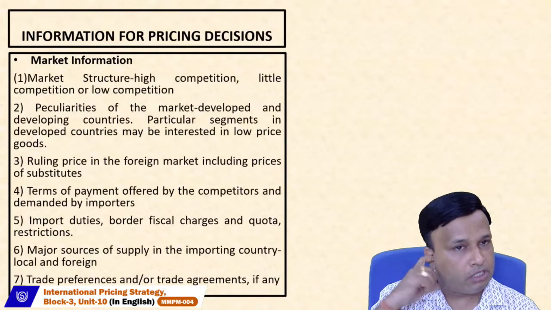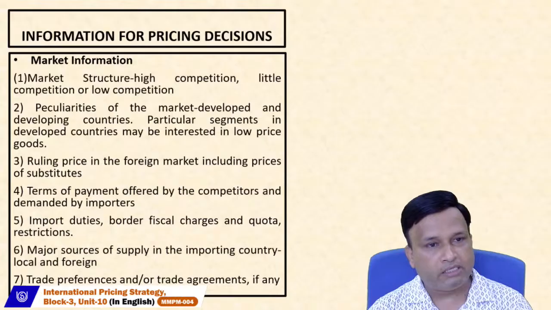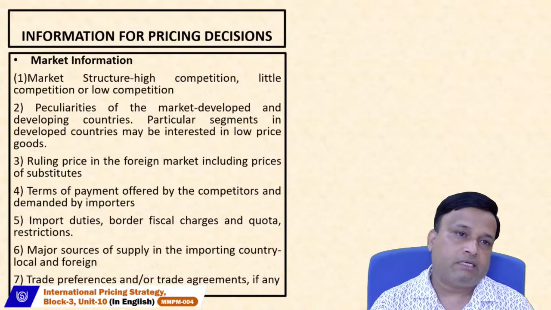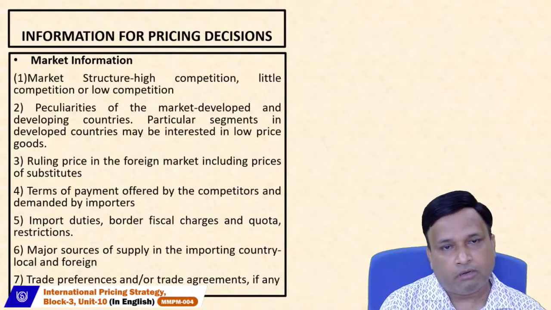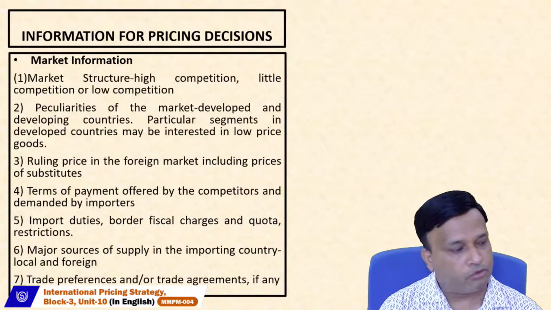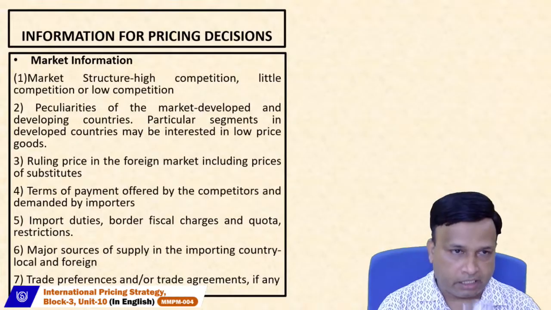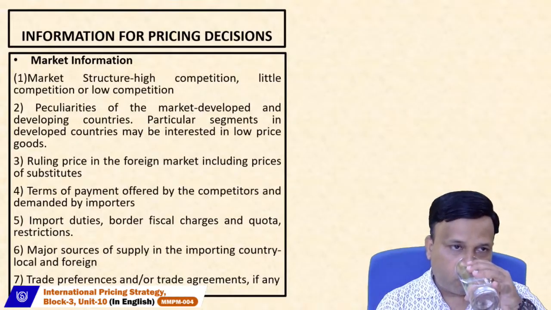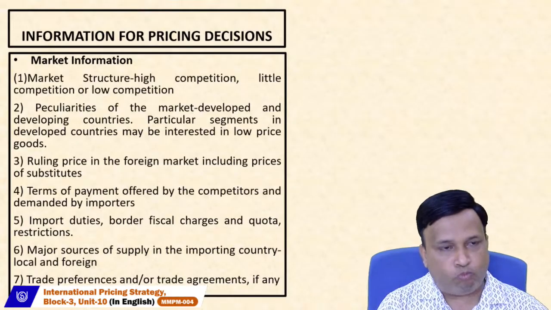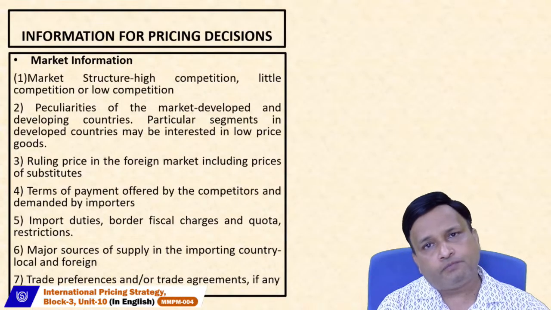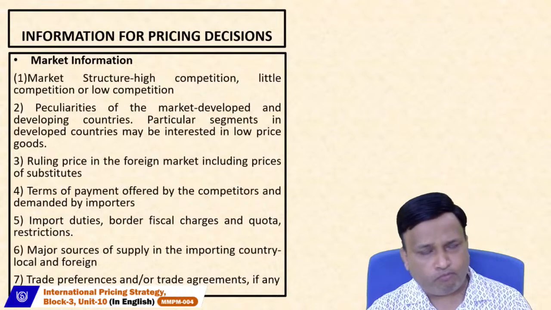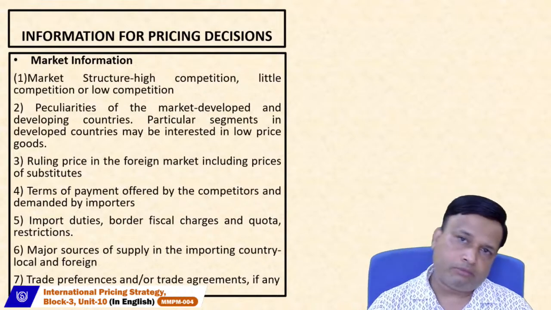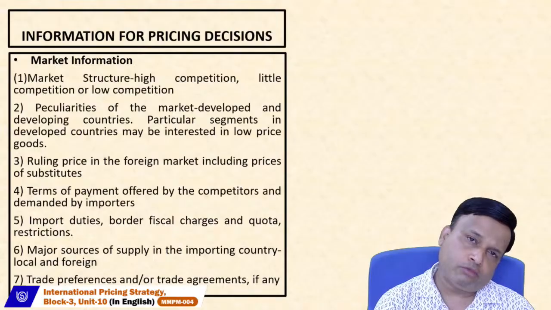Then you talk about information for pricing decisions, where you get that information: market information. You have to collect information from the market. If it is a monopoly market, whatever price you fix, you have the only player operating, you have control over the market.